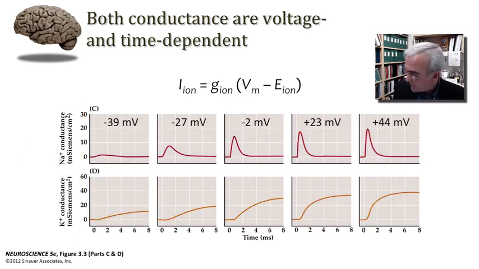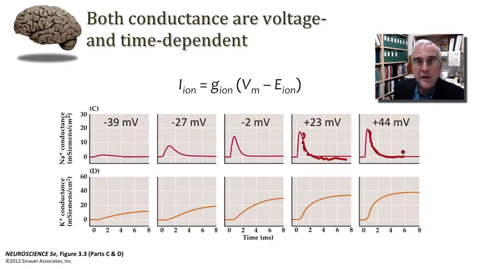Okay, let's return now to the sodium conductance and make an additional point about this rapid fall in sodium conductance that we see after the rapid rise. So we actually have a term for this. We call this inactivation. Now, as we'll see in the next tutorial, inactivation is not exactly the same mechanism as simply closing an ion channel.